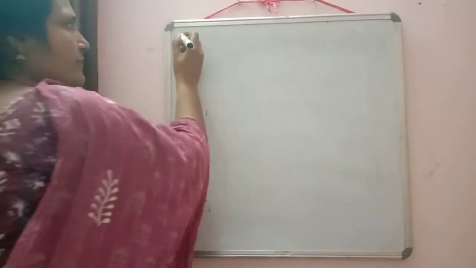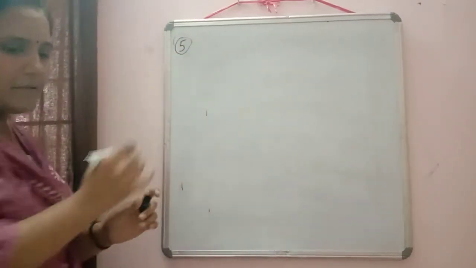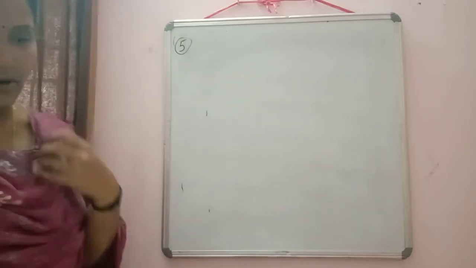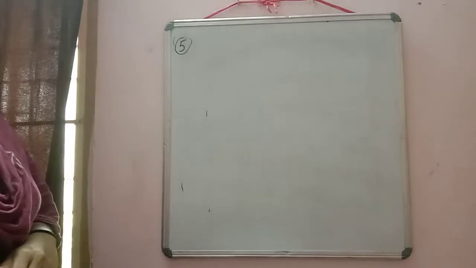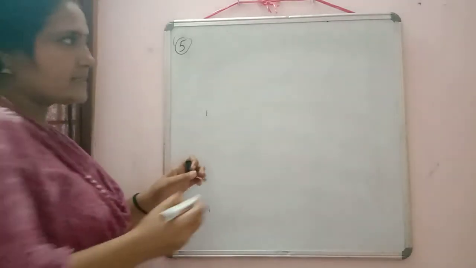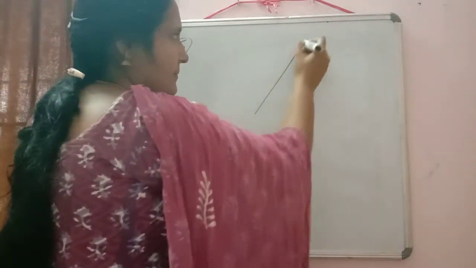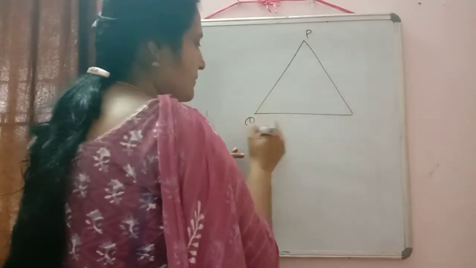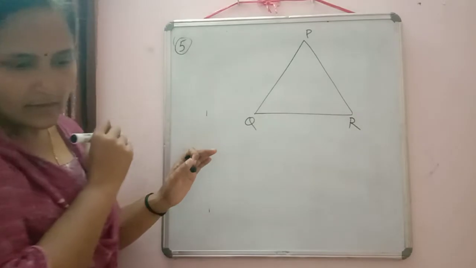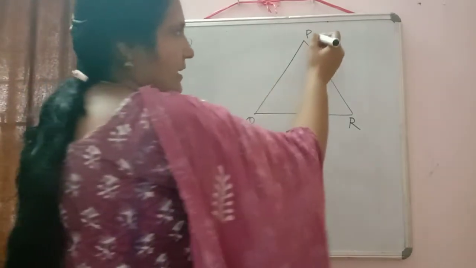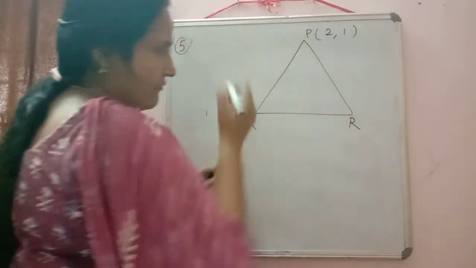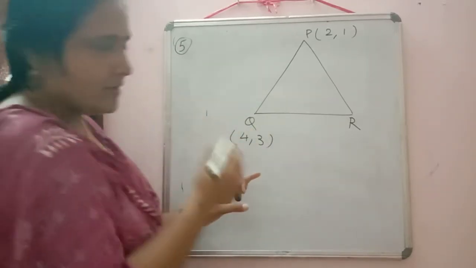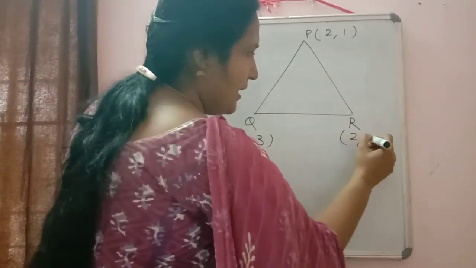Question number 5. Again, I am drawing the diagram of question number 5. Find the area of triangle formed by joining the midpoints of sides of a triangle whose vertices are given. A triangle PQR is given. Coordinates of P are (2, 1), Q (4, 3), R (2, 5).